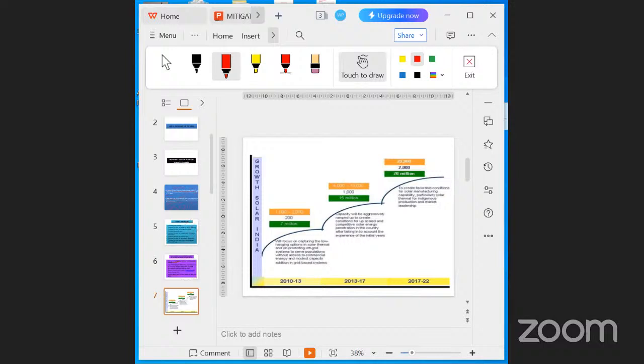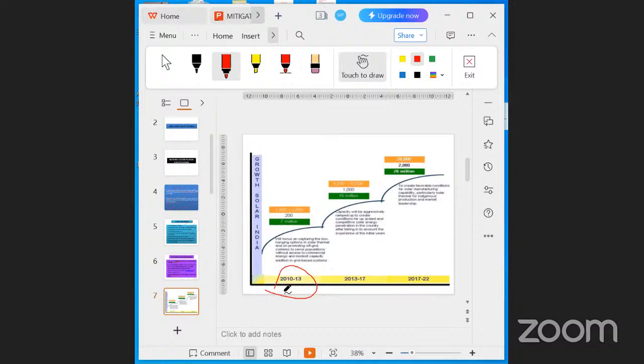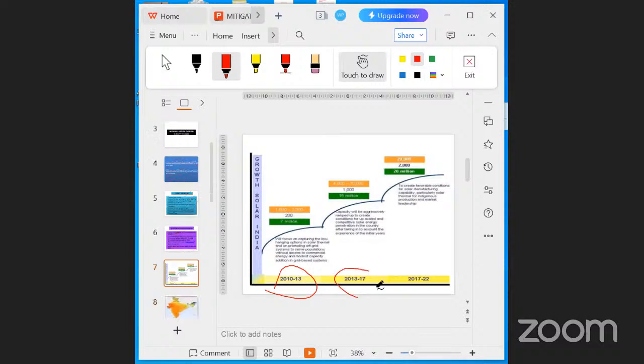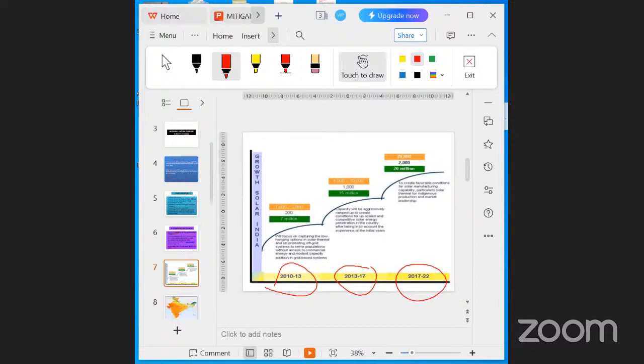So the mission adopts a 3 phase approach. The first phase is 2010 to 13, right? The second one is 13 to 17, and the third one is 2017 to 22.